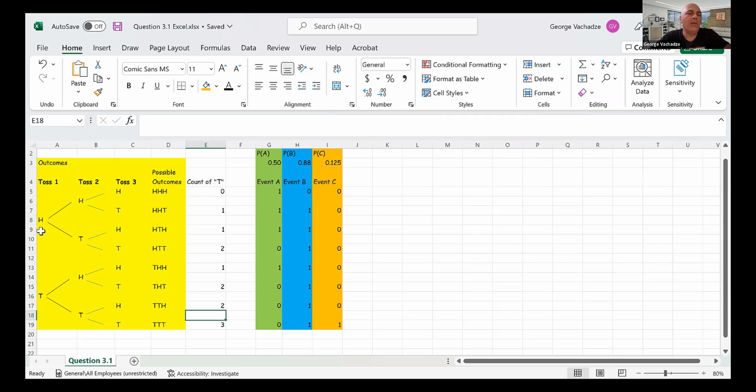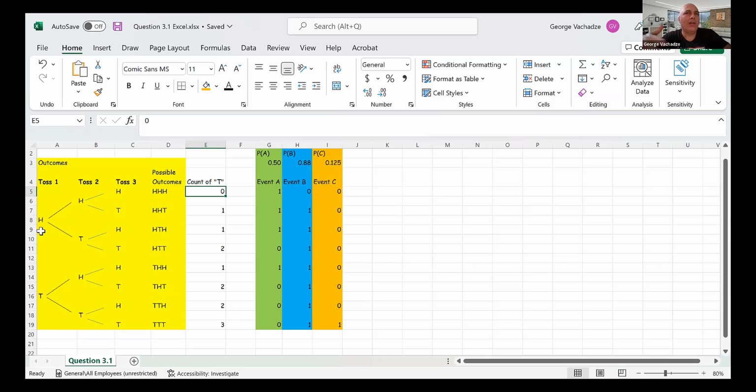Now, let's think about event A. Event A is the event of at most one tail occurring in the 3 tosses. So let's see whether the first outcome supports event A or not.